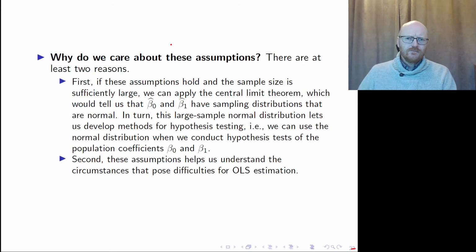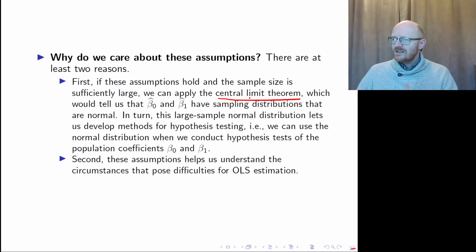So why do we care about these assumptions? I brushed upon it in the first slide. Two important reasons. If these assumptions hold and the sample size is sufficiently large, then we can apply the central limit theorem.